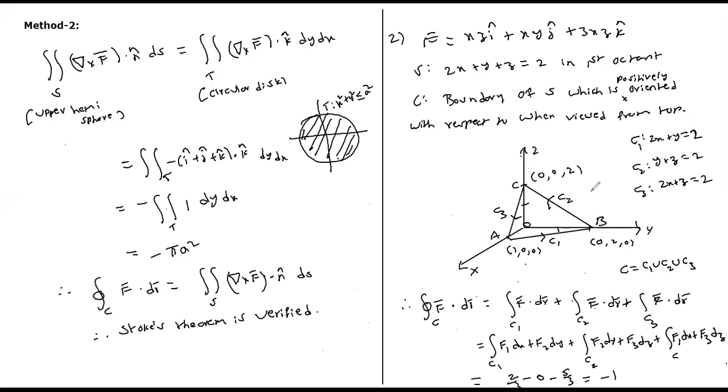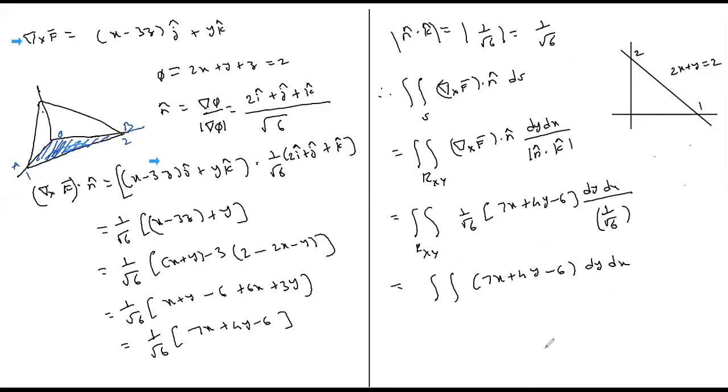So then when you draw a line parallel to y axis, it is entering through like this. So y varies from 0 to 2 minus 2x and x varies from 0 to 1.